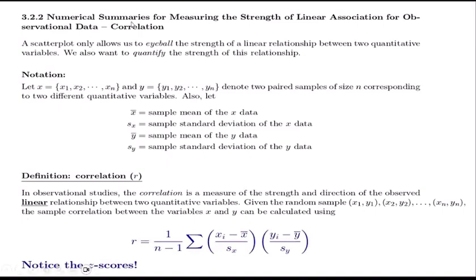So with the numerical summary now, we actually have a way to compute the strength of the linear relationship. The only way to go about that means we actually want to quantify the relationship. We want to have a particular value.